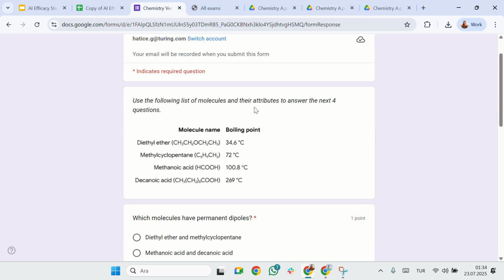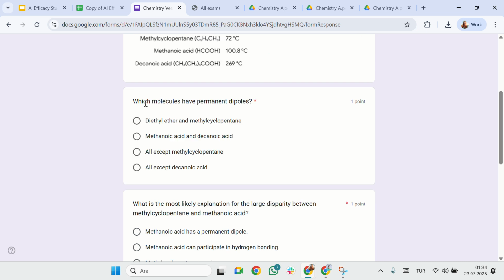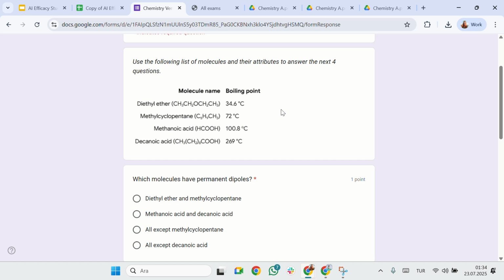Use the following list of molecules and their attributes to answer the next four questions. Which molecules have permanent dipoles? I remember something like that. Permanent dipoles. Dipole connection.